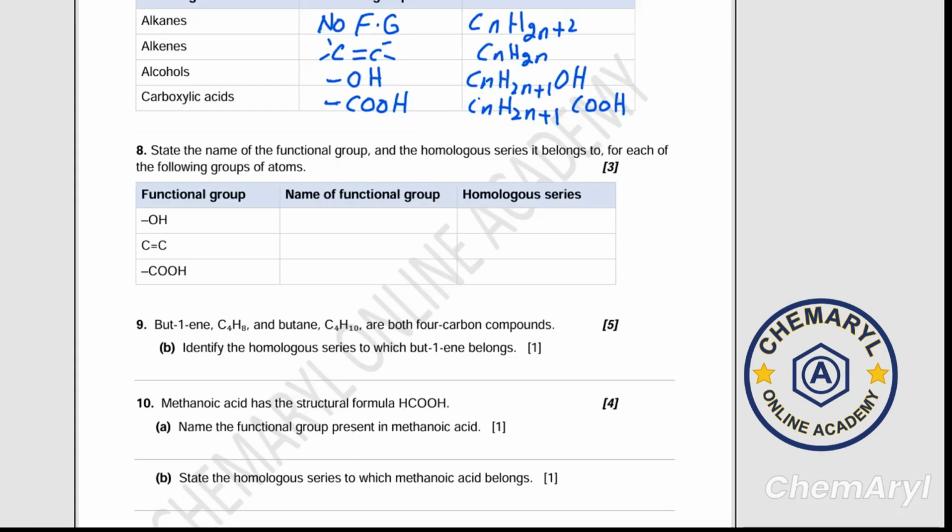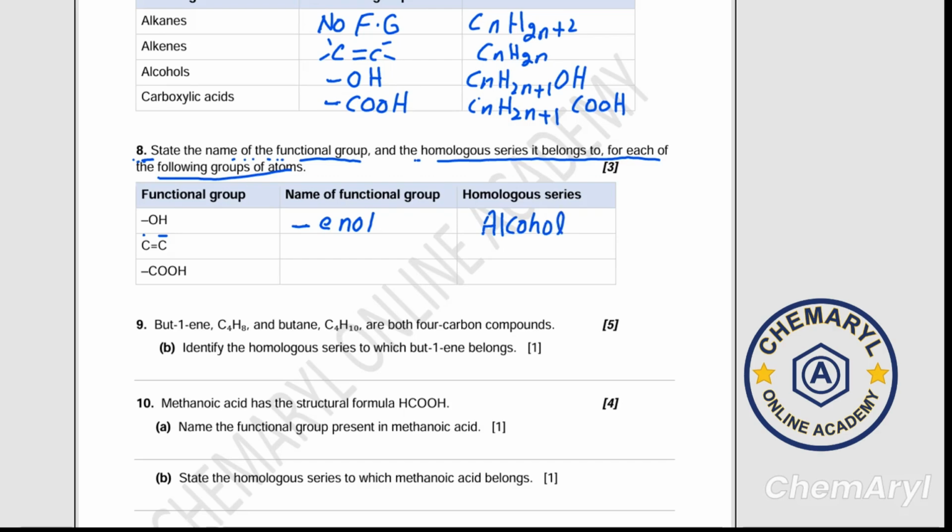Dear student, next question is 8. State the name of the functional group and the homologous series it belongs to for each of the following groups of atoms. OH functional group: the name of the functional group is hydroxyl, and the homologous series name is alcohol.